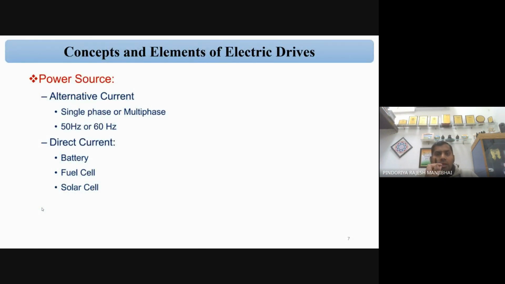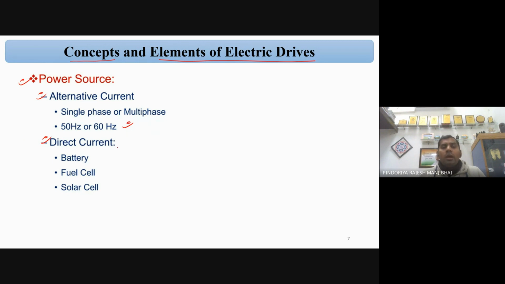Now we can start the elements of the electric drives. We use many elements in electrical drives. Before starting the detailed analysis, otherwise detailed modeling of electric drives, first we have to understand the concept and major elements of electrical drives. First one is the power source, alternating or direct. Depending on the power frequency, that is 50 hertz and 60 hertz across the globe.